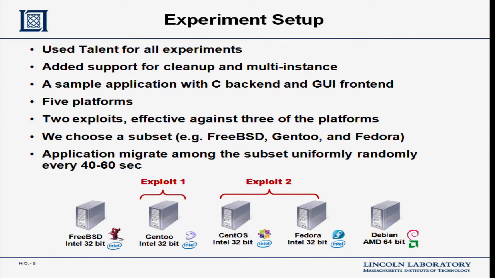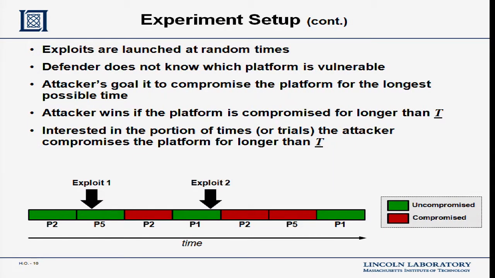On the other hand, the attacker's goal is to launch exploits and compromise the system. So in this case, we launch exploits at random times on our testbed. And the goal of the attacker is to compromise the system for some long period of time. So if the system is running on top of the compromised platform for some long time, the attacker wins.